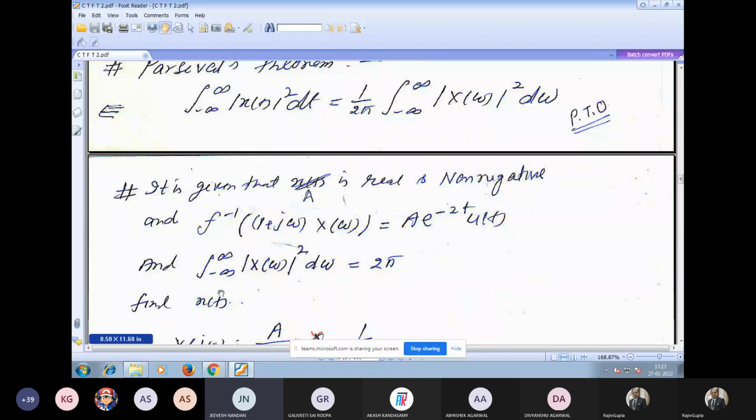You have to find x(t); two conditions are given. The overall energy of the signal is given to you, and there is a relation that the inverse Fourier transform of 1 plus j omega X(omega) is equal to A e to the power minus 2t u(t). Find x(t).